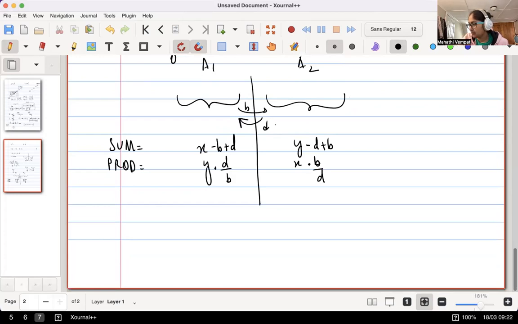So sum minus B plus D, minus D plus B is the new sum. Y into D by B, X into B by D is the new product.